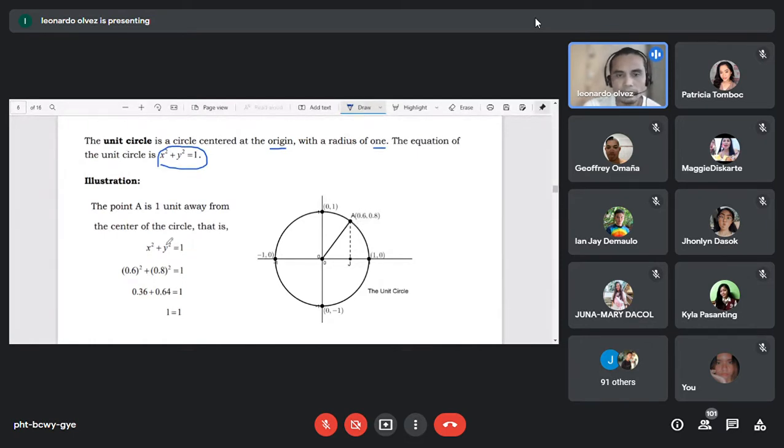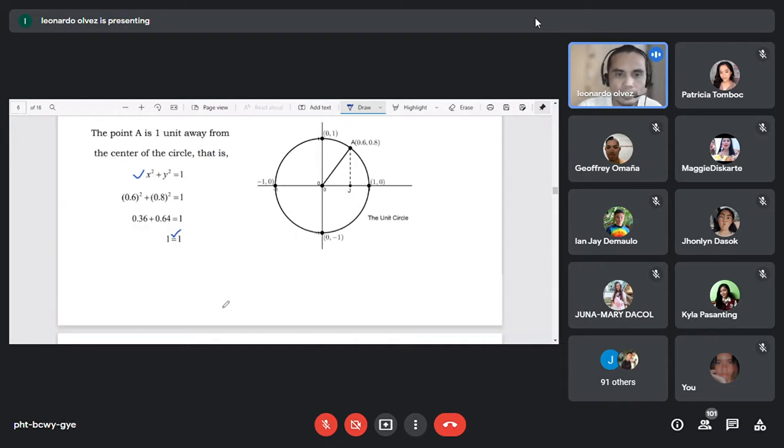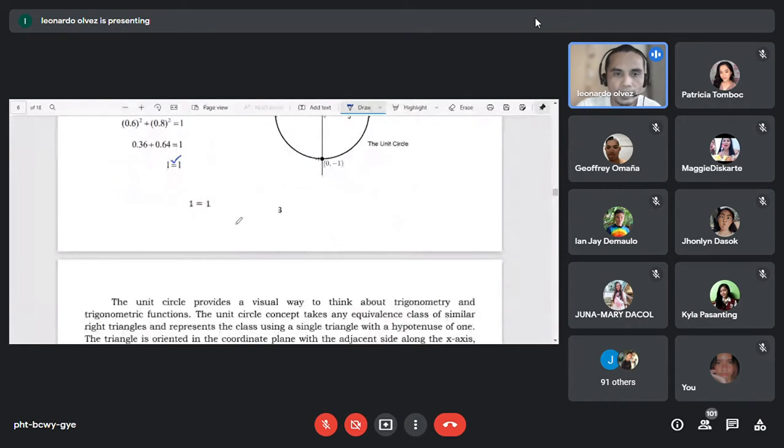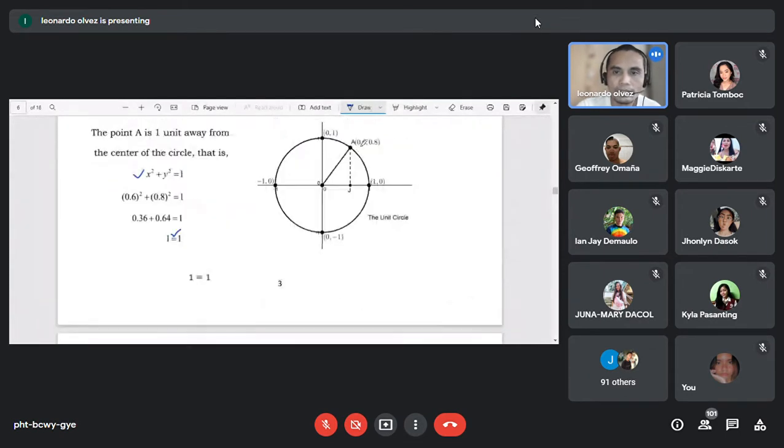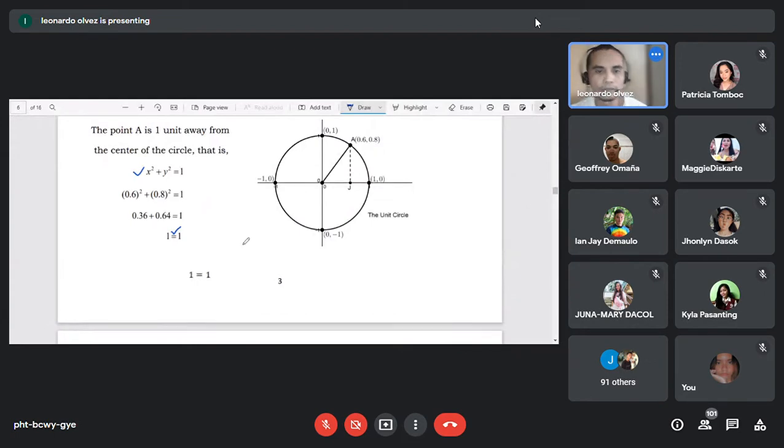So if we substitute into the equation, we can say that the equal sign holds for the quantity of the expressions. So therefore, it is indeed a unit circle, and the coordinates of point A belong to the unit circle.